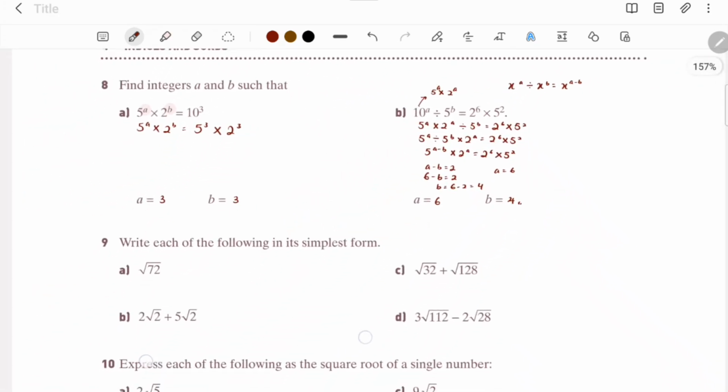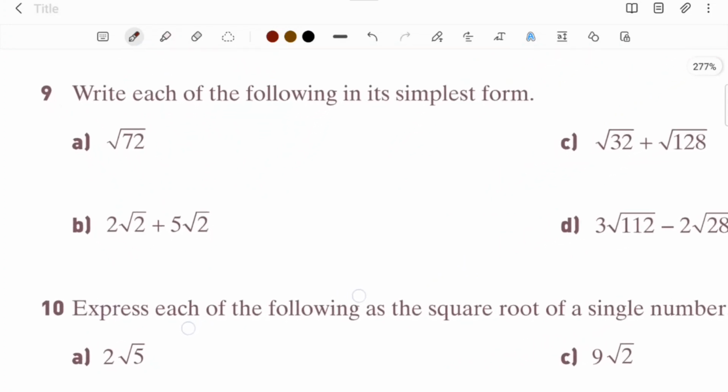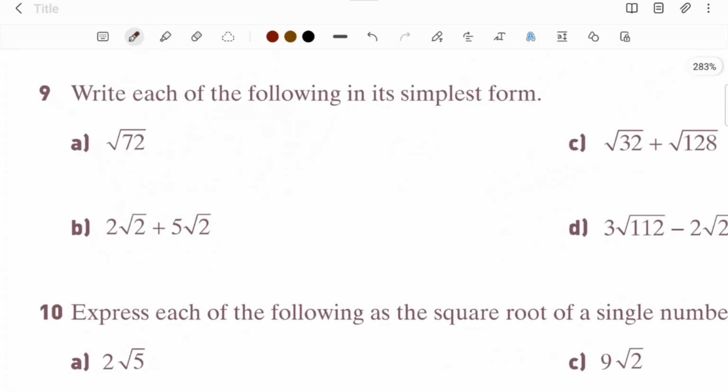And then let's look at number 9. Write each of the following in its simplest form. Okay. So surd 72, see how you can separate it. 72 is actually 6 times 12, and then 12 can be separated further. 6 times 6 times 2.